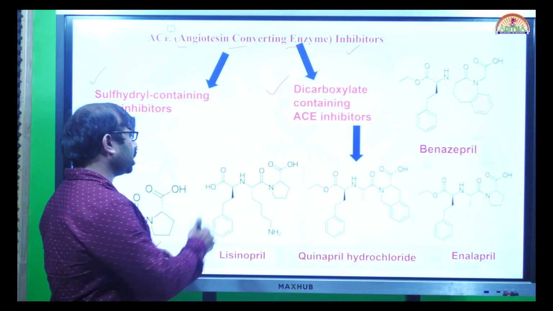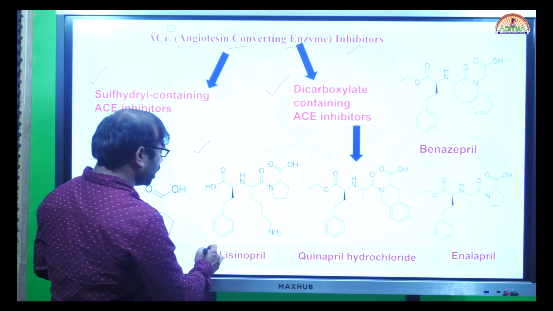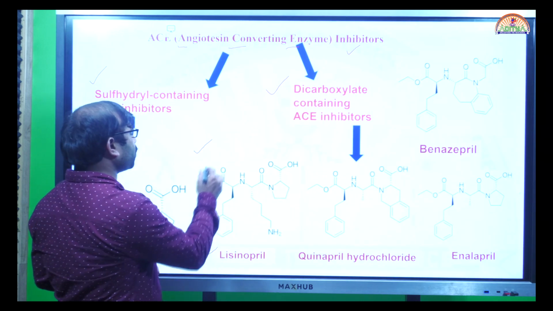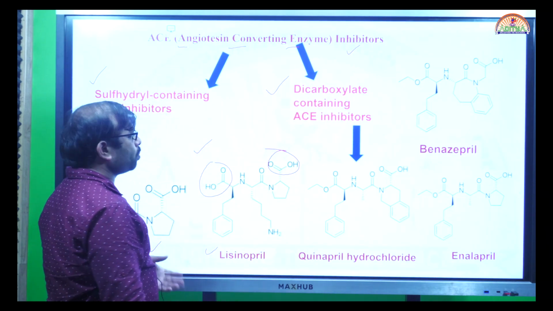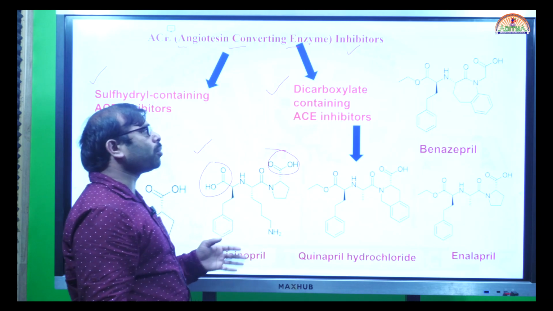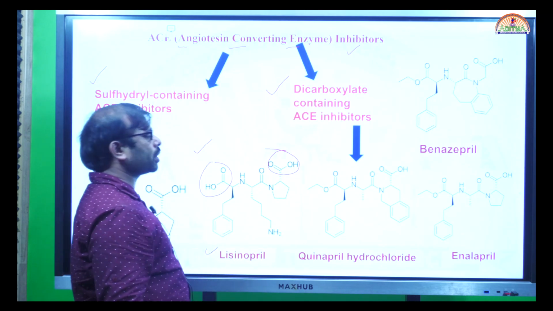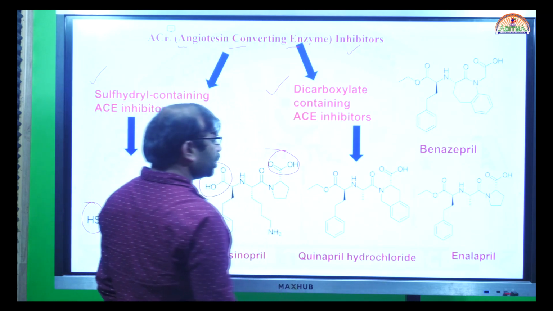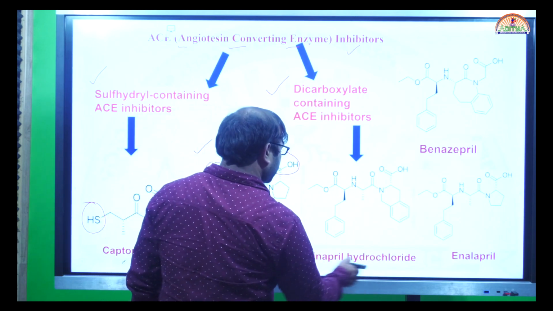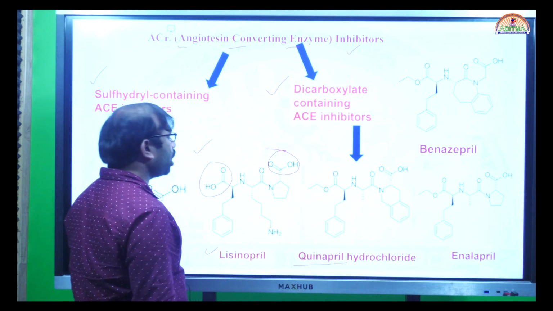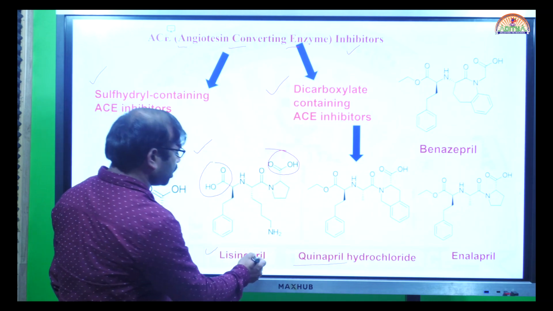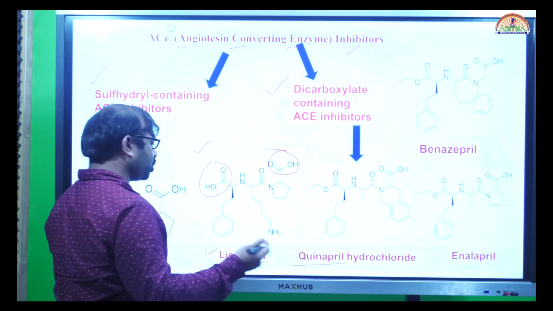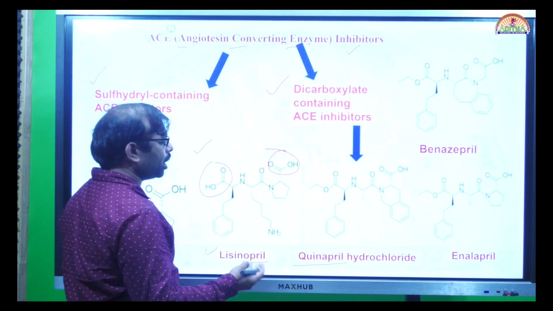First one is lisinopril. If you look at this one, this is one carboxylic acid, and there is another carboxylic acid. Lisinopril comes under the ACE inhibitors, especially dicarboxylate-containing ACE inhibitors. Another is quinapril. All these ACE inhibitors come under the suffix name pril: captopril, lisinopril and quinapril.